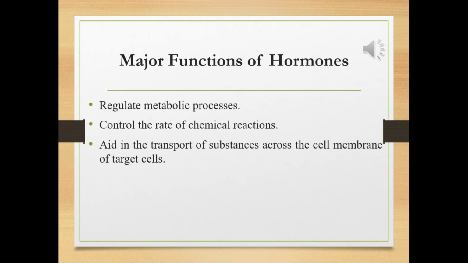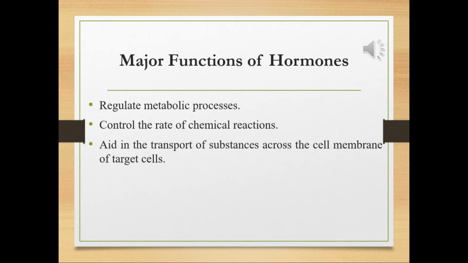Role of insulin and glucagon, which are related to regulating the blood glucose level with the help of metabolic processes such as glycolysis, gluconeogenesis, similarly glycogenolysis and glycogenesis.